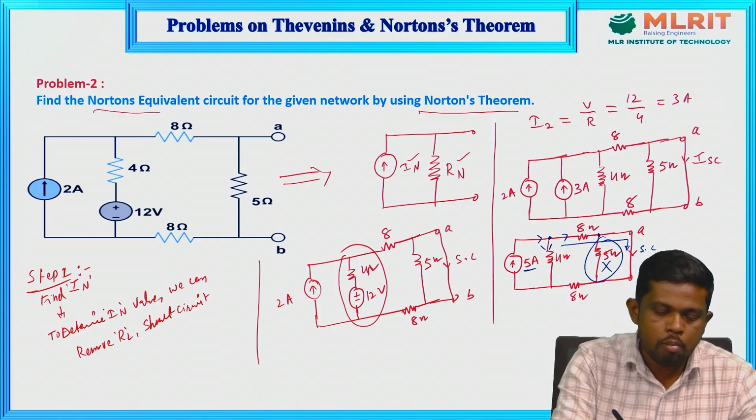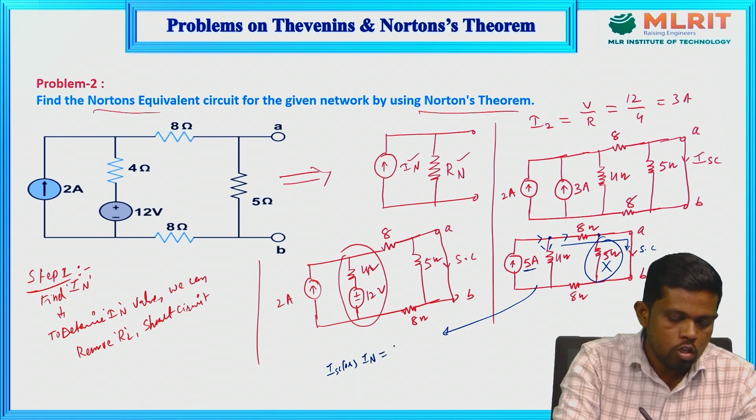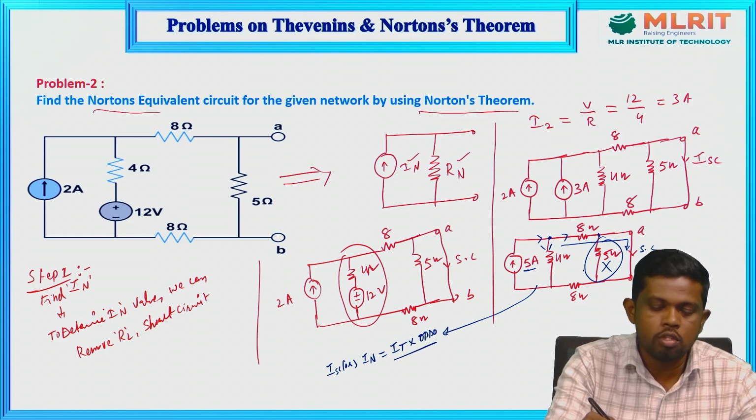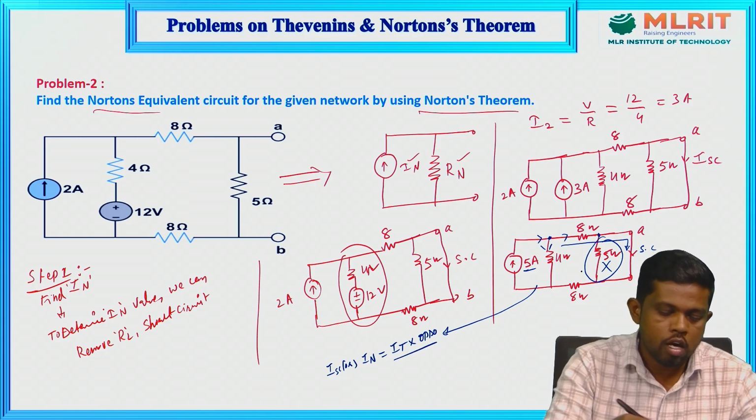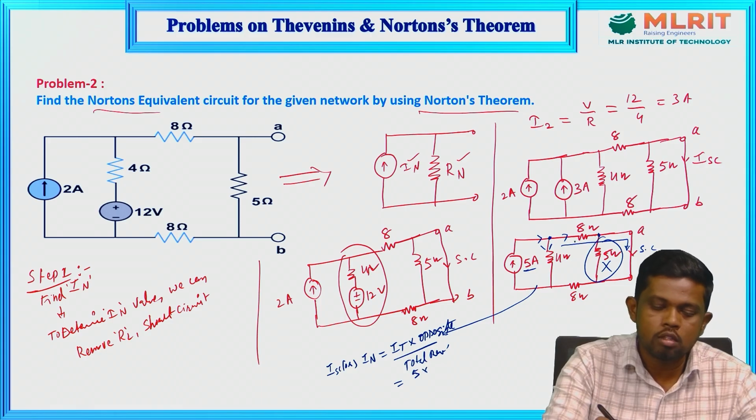Then we apply the current division rule to get the ISC value. ISC or IN equals the total current of the circuit times the opposite resistance divided by the total resistance, because current division takes place. So that equals the total current, 5 ampere, times the opposite of the 8 ohm, because the 8 ohm is the only one connected towards the short circuit path.